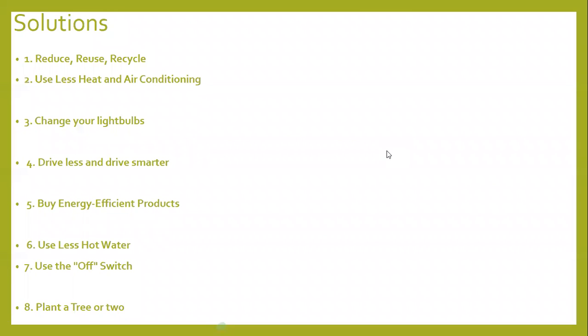Well, you should also switch to using low voltage light bulbs, which can consume less energy. So buy energy efficient products, use less hot water. Yes, that makes sense.